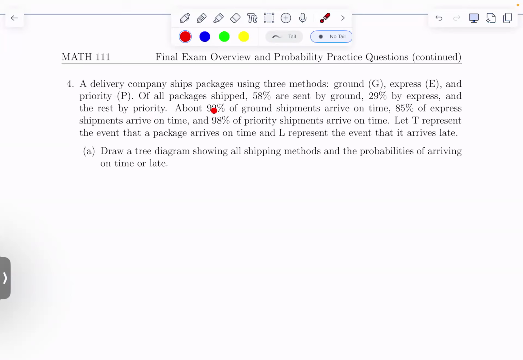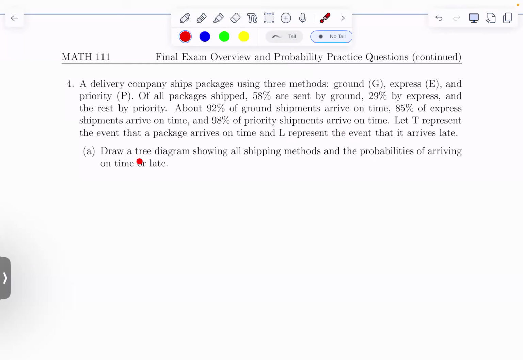About 92% of ground shipments arrive on time, 85% of express shipments arrive on time, and 98% of priority shipments arrive on time. And then I'm giving you the notation to use. We're going to let T, capital T, represent the event that a package arrives on time, and L represent the event that it arrives late.